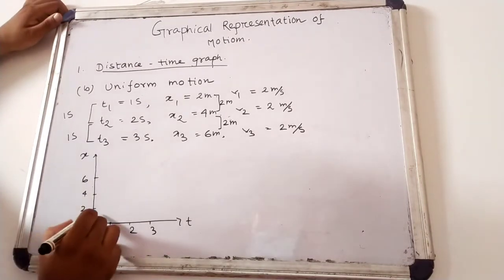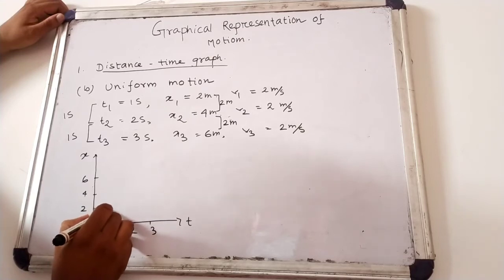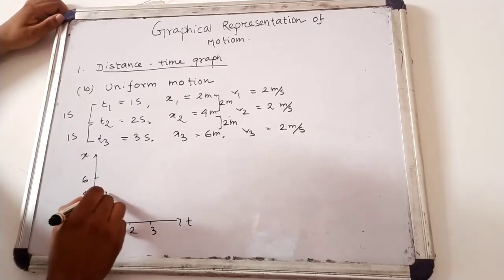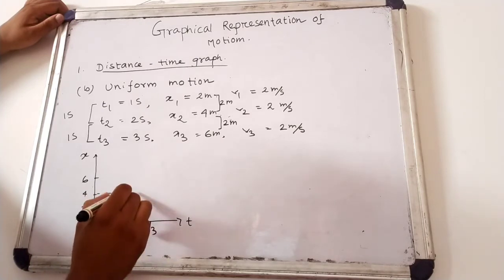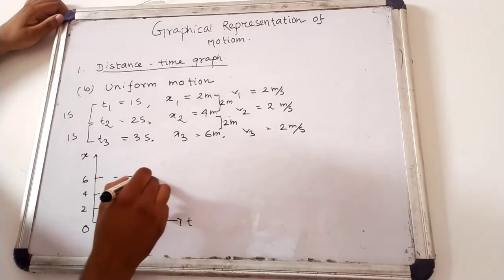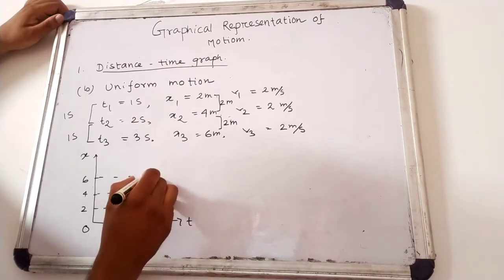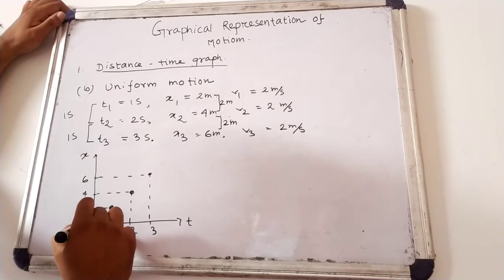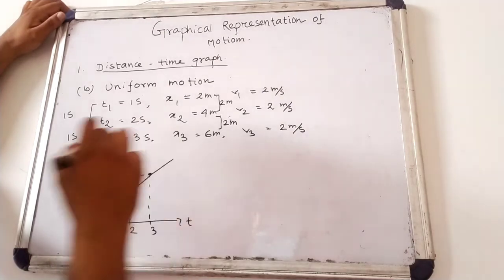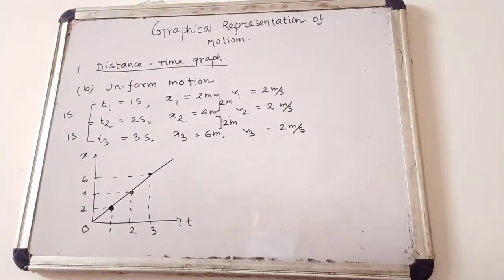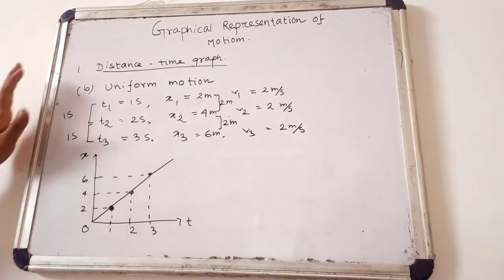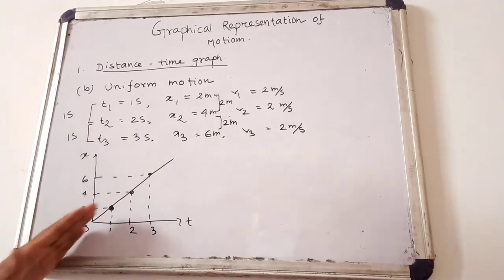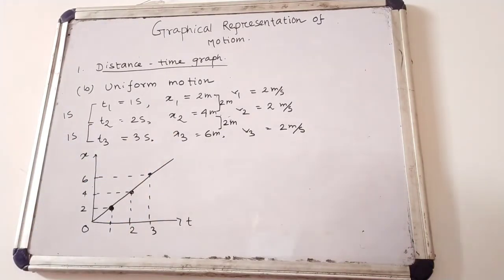If we put the coordinates, our first coordinate will be here, the second coordinate this one, and this one. If we join all the 3 points, the graph will be like this. So the distance time graph for uniform motion is a straight line.